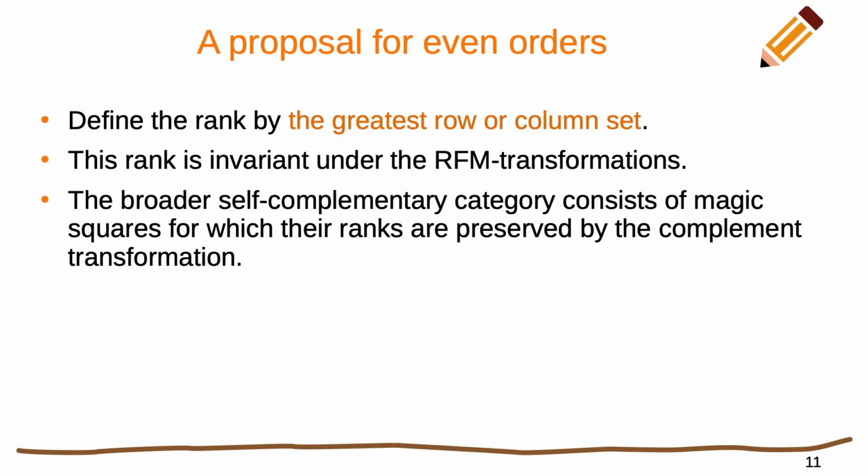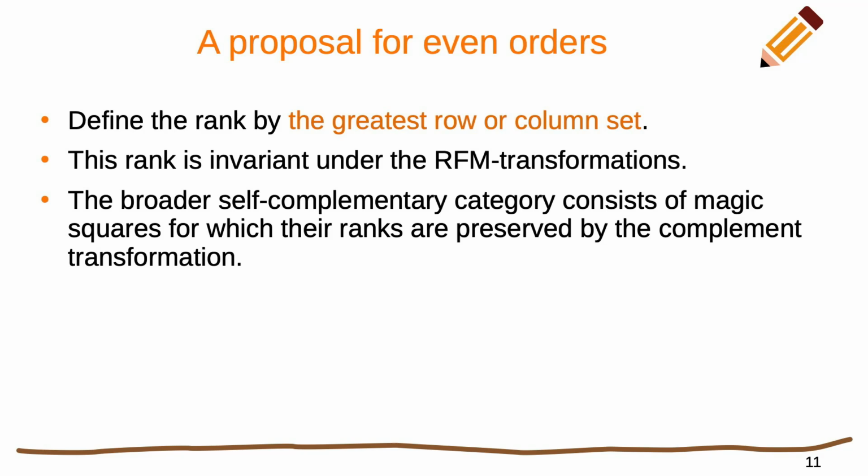For even orders, we can introduce an ordering based on the greatest row set or column set. For the definition of row set and column set, as well as the ordering between these sets, please refer to part 1 of this video series.